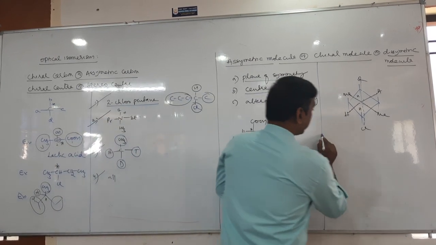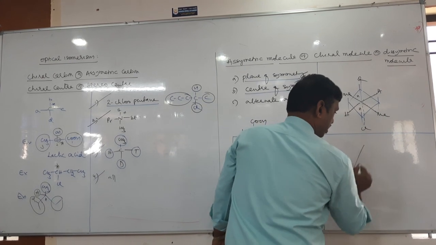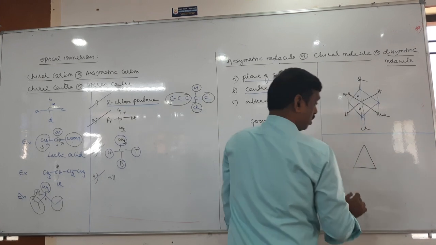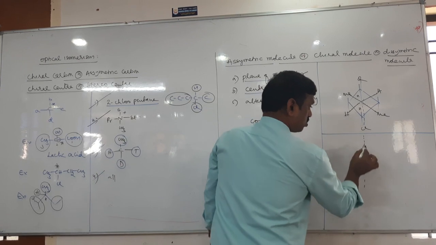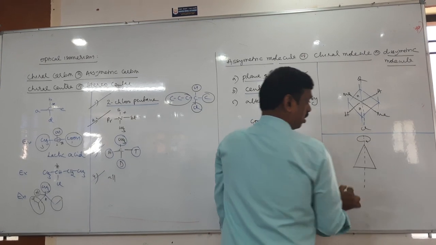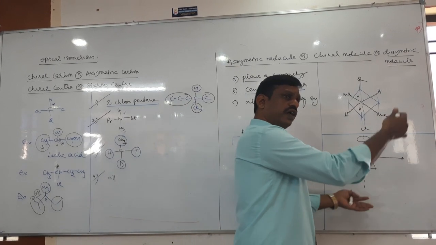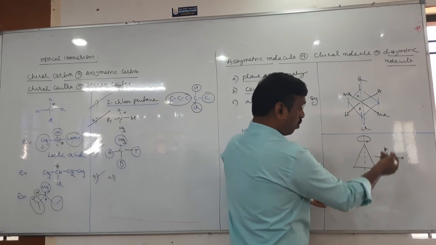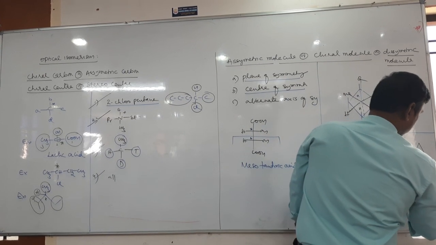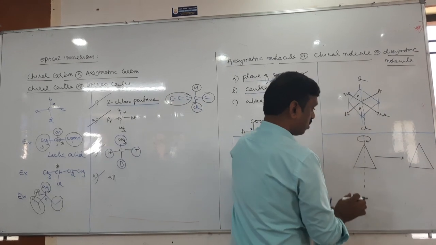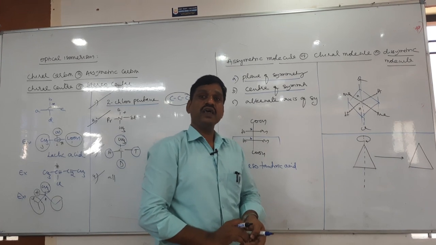Next is alternating axis of symmetry. Alternating axis of symmetry is, for example, you take cyclobutane. Now when the molecule is rotated by n degrees, you can rotate 90 degrees, 180 degrees. On rotating 180 degrees, if you are able to get the same structure like this, then this molecule is said to have an alternating axis.